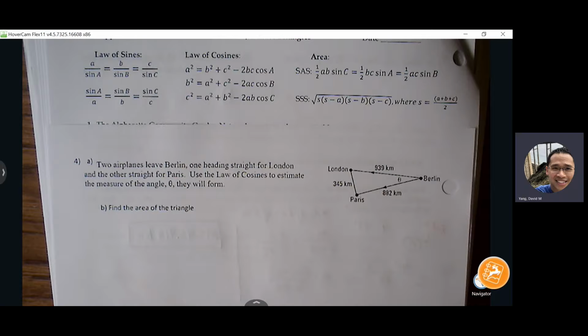Any questions with number 3? Yeah, question? Why is it a right angle? Why is there a right angle here?